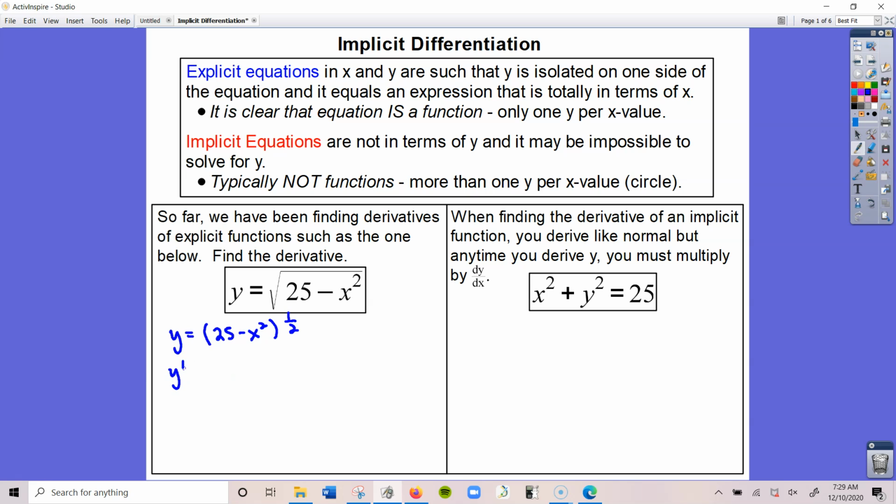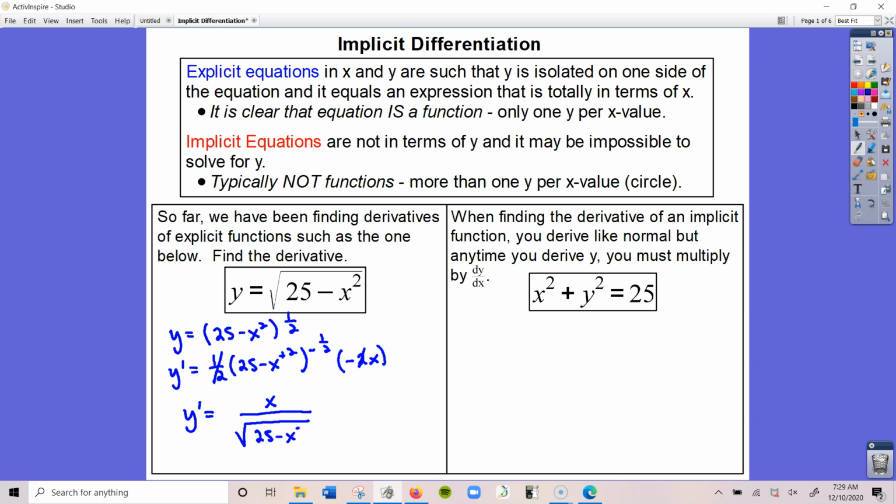So y prime would equal 1/2 times 25 minus x squared to the negative 1/2 times the derivative of the inside, which is negative 2x. Here the 2 and the 1/2 would cancel, and my derivative would equal x over the square root of 25 minus x squared.